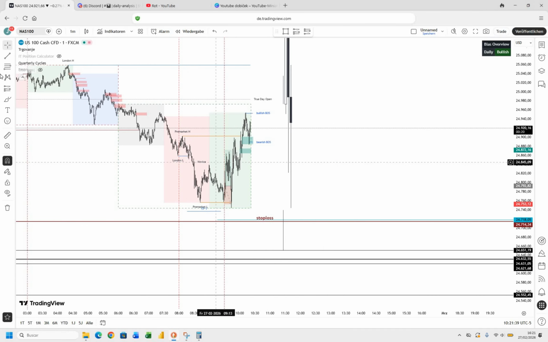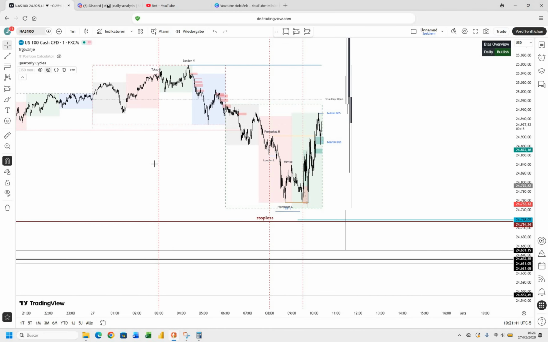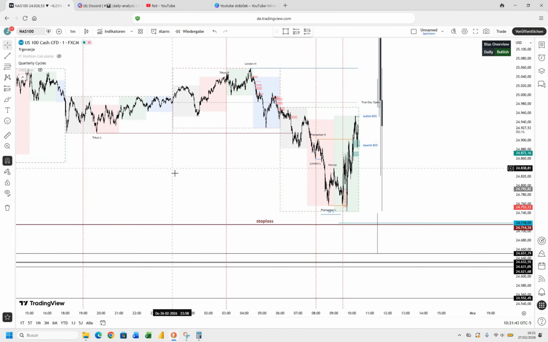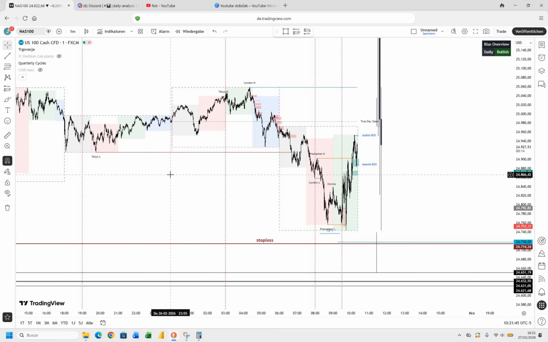The third confirmation was this quarterly cycles indicator, which basically tells you that each and every candle is separated into four parts. Okay, OHLC: open, high, low, close. And the same thing is also with the time. So you have power of three: accumulation, manipulation, distribution. For example, accumulation, manipulation, and then distribution lower.